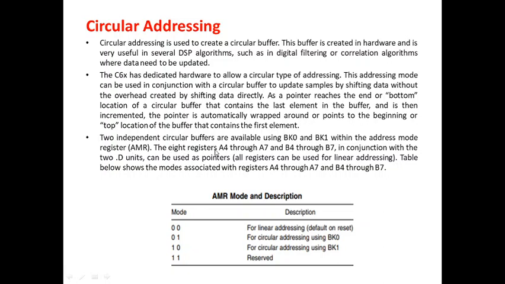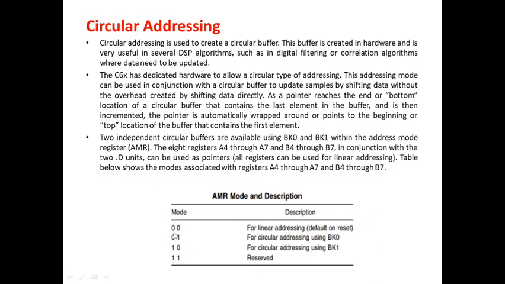The 8 registers A4 through A7 and B4 through B7, in conjunction with the two .D units, which are the functional units, can be used as pointers. The table below shows the modes associated with the registers A4 through A7 and B4 through B7. The content of those modes determines the type of addressing on the two buffers.